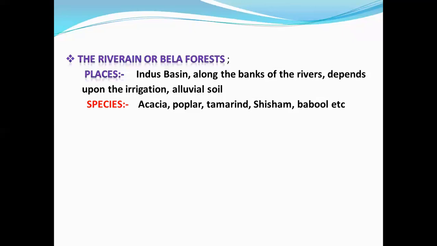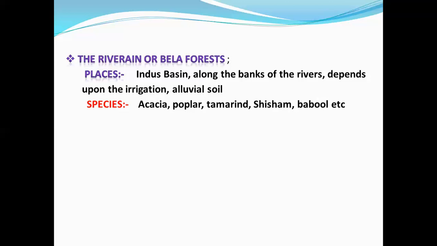There must be good soil, or more fertile soil. The riverine forests are rather unique because of their source of irrigation in the arid tract of land, which otherwise entirely depends upon the annual rainfall.